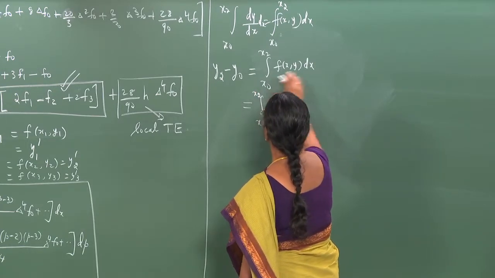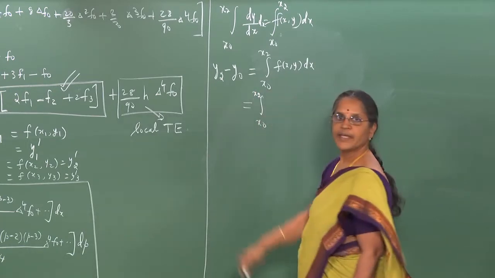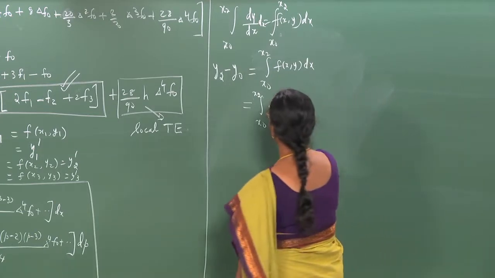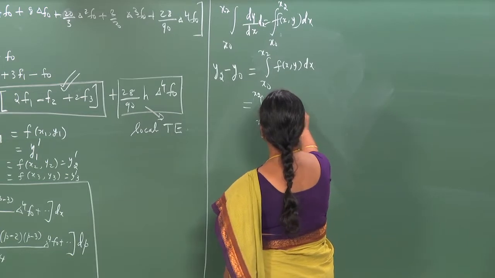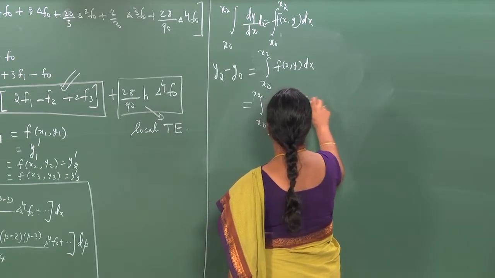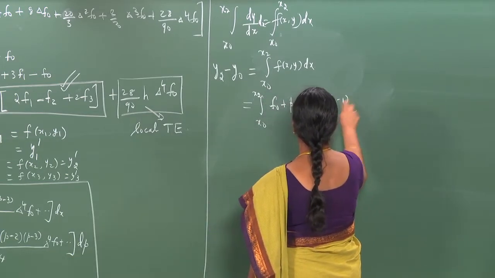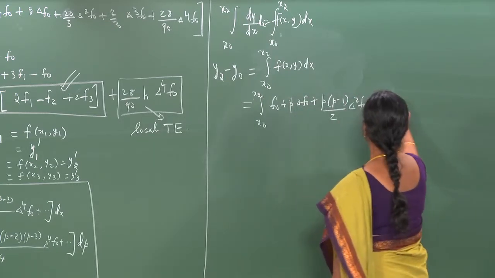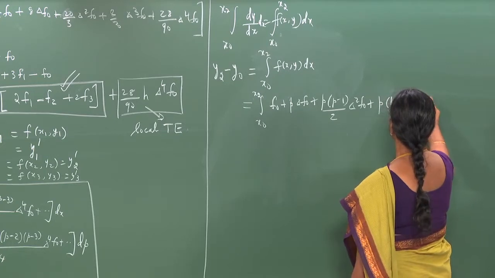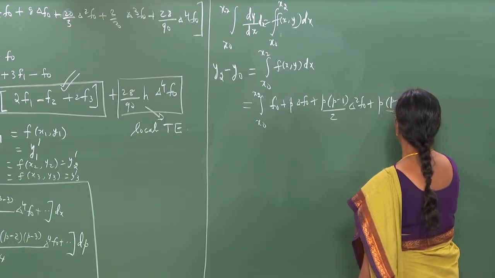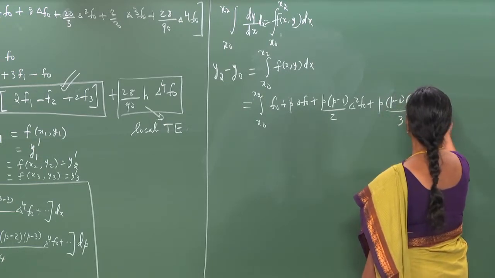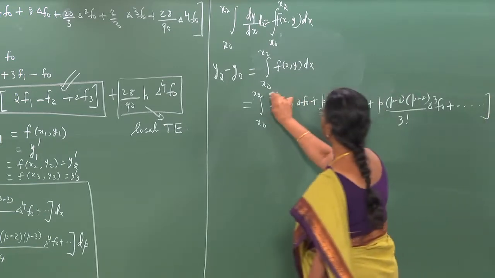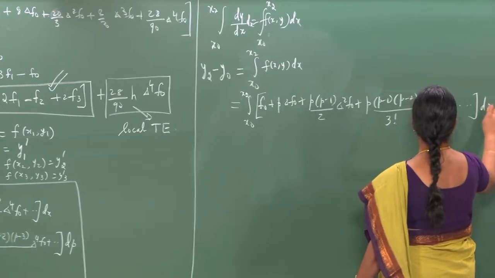So, you approximate f of x comma y again by Newton's forward interpolation polynomial, namely f0 plus p into delta f0 plus p into p minus 1 by factorial 2 into del square f0, p into p minus 1 into p minus 2 by factorial 3 into del cubed f0 plus etc., and integrate it with respect to x.